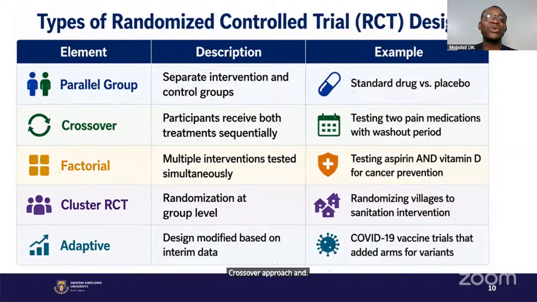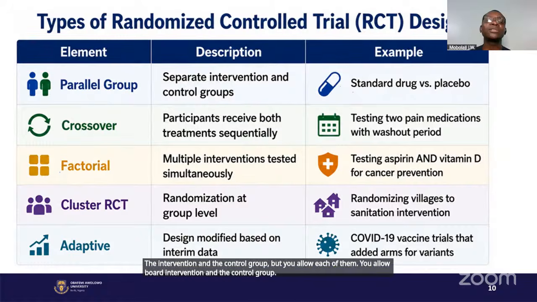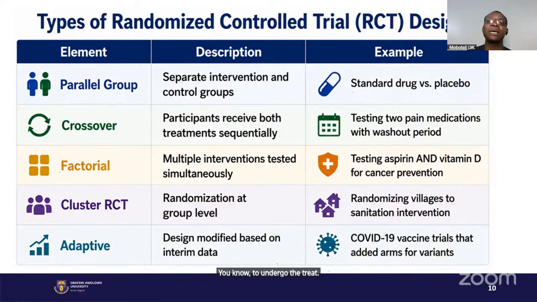In this approach, the participants are allowed to receive both treatments sequentially, which means you have two groups, the intervention and the control group, but you allow both the intervention and the control group to undergo the treatment, the intervention. But then you are going to allow some washout period.